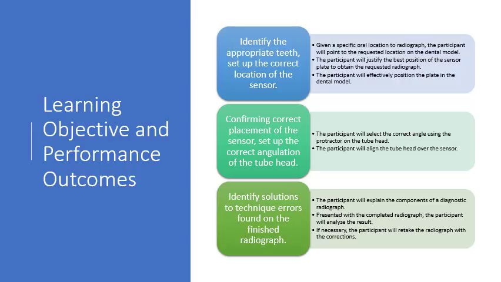Then the performance objectives that the participant would have to follow would be, given a specific oral location to radiograph, the participant will point to the requested location on the dental model. The participant will justify the best position of the sensor plate to obtain the requested radiograph. And then the third outcome would be the participant will effectively position the plate in the dental model.